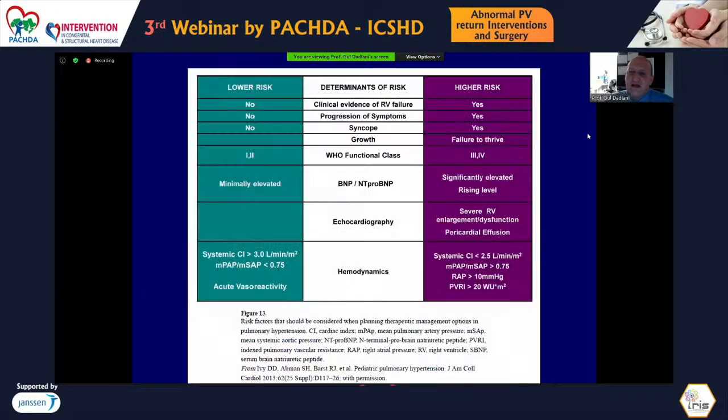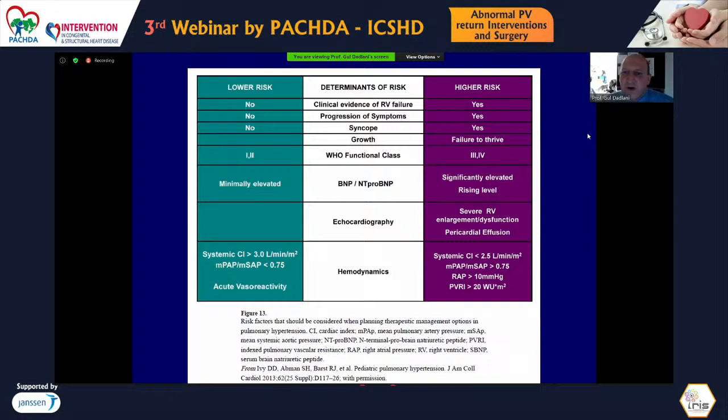Now, as clinicians, as we evaluate patients with pulmonary hypertension, we have to look at the whole patient. So this is a nice checklist when you are evaluating patients to determine their risk and their overall assessment. For every patient you come across, do they have exercise related symptoms that have progressed? Have they had syncope? Have they had any failure to thrive related issues?